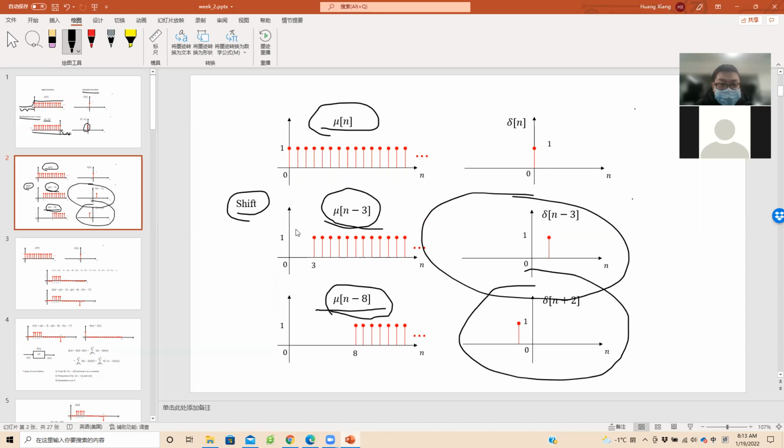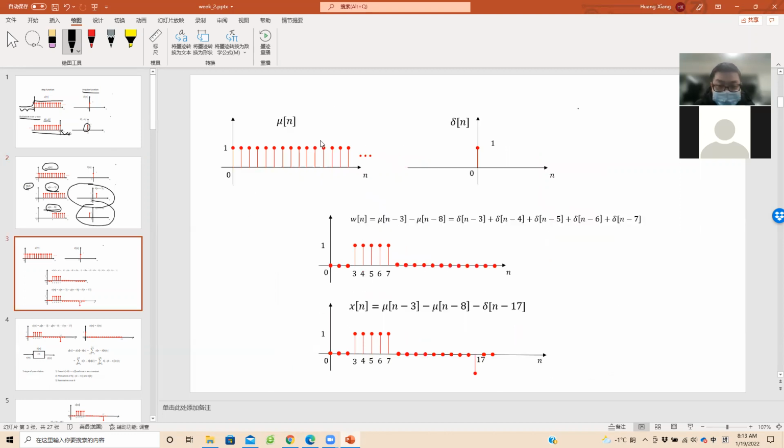Okay. Next, by using these two operations, we can define our simple signals.